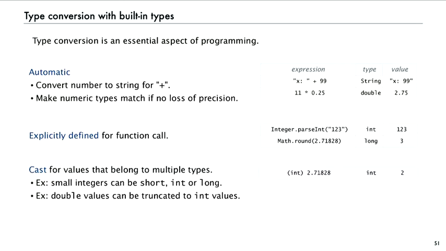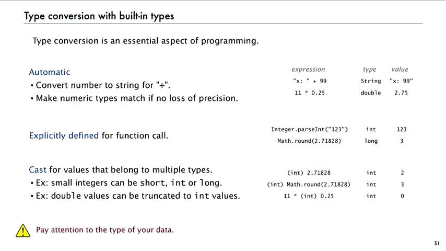And the way that we make this type of type conversion is just put the type that we want in parentheses before the number. So if we say int of 2.71828, it'll truncate to give an int value that can be used in another expression. So those are examples. 11 times int of 0.25. That int's going to be truncated to a 0, so the result will be 0.